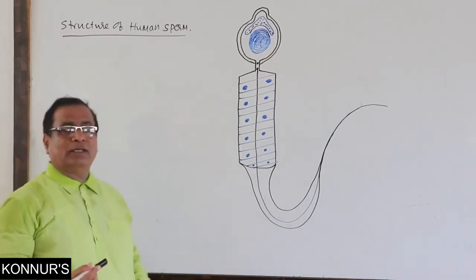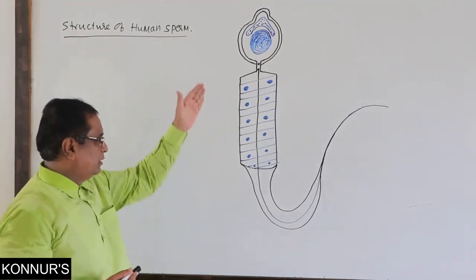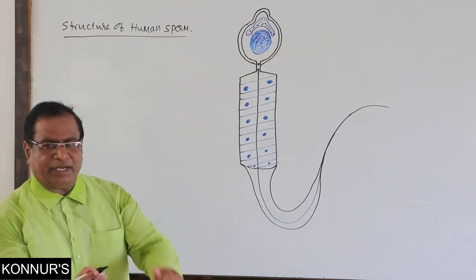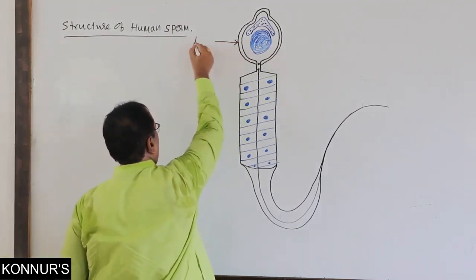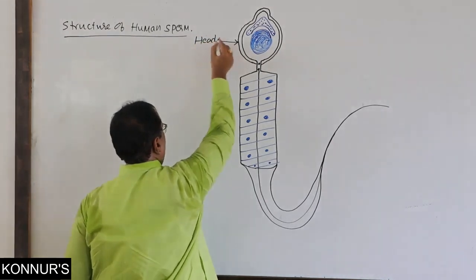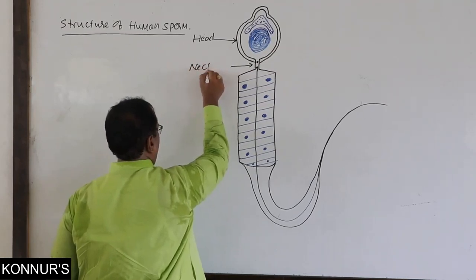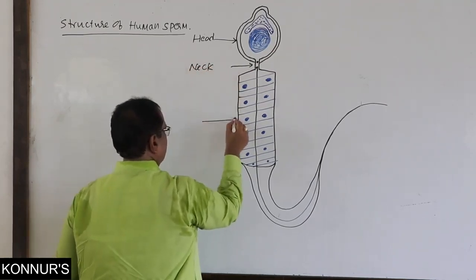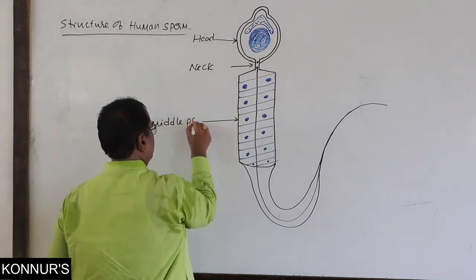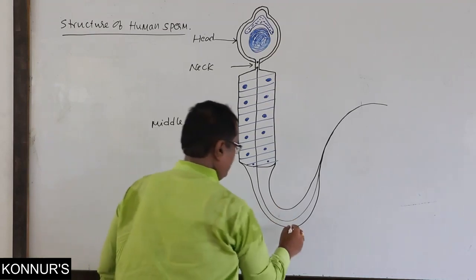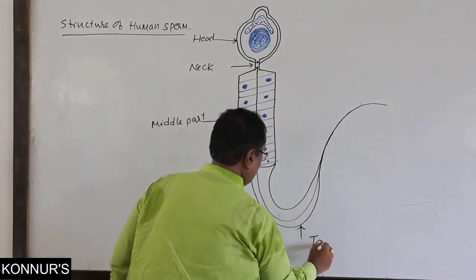As far as its structure is concerned, its body is divided into head, neck, and this is middle part, and this one is tail.